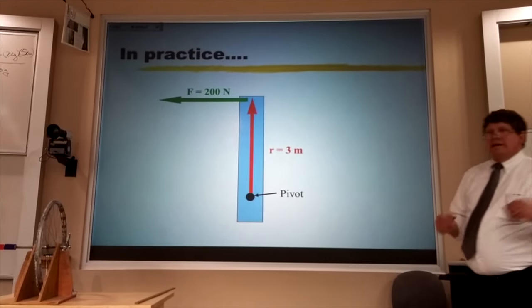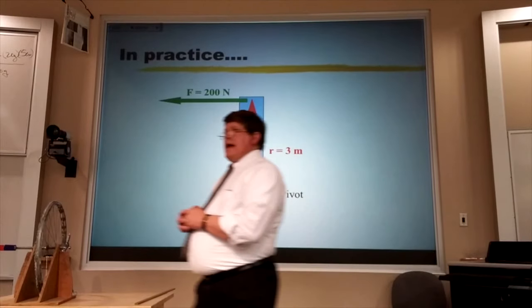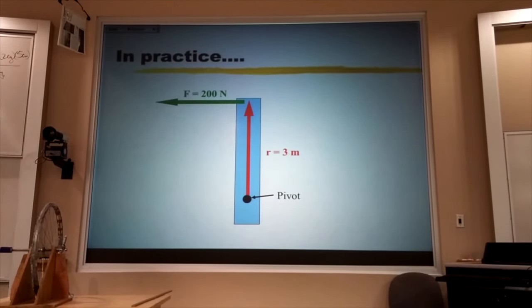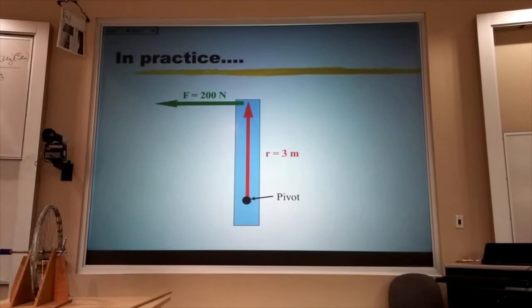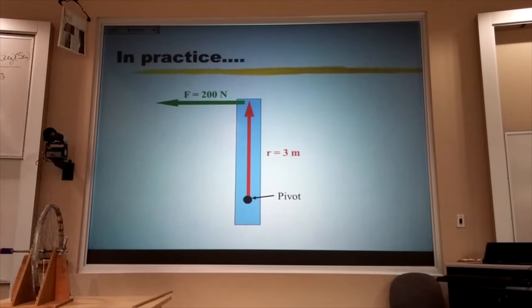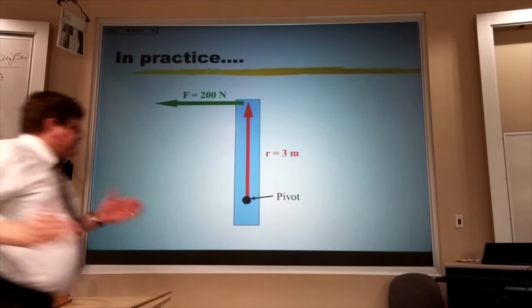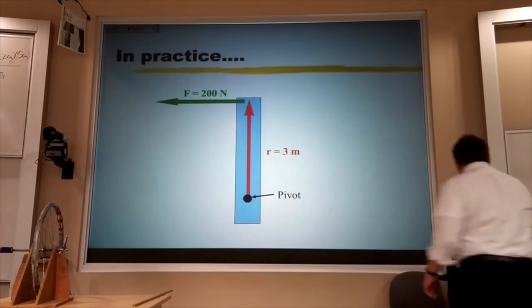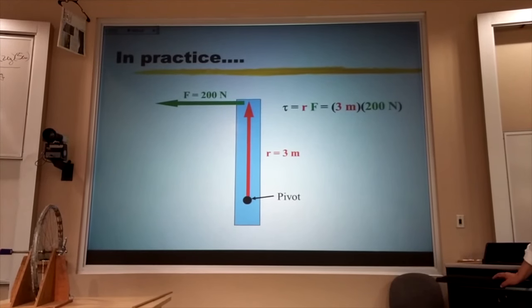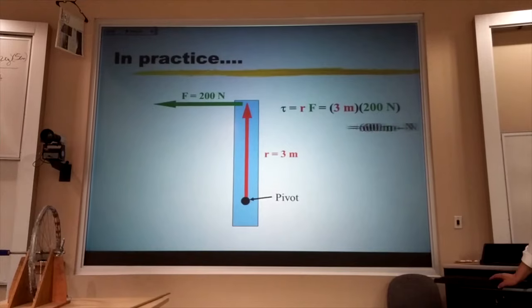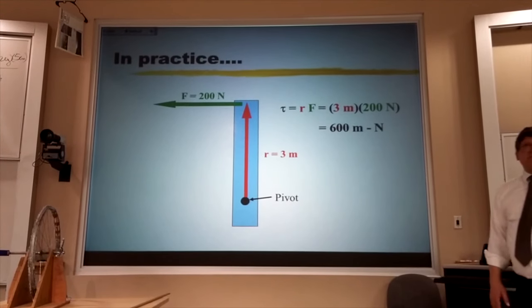That's what it usually is. And in those cases, it's just very simple. It's just the force times the distance to the pivot. That's the torque. The force times the distance to the pivot. But they have to be 90 degrees to each other. Now, in this case, that would be 3 meters times 200 newtons, or 600 meter newtons.